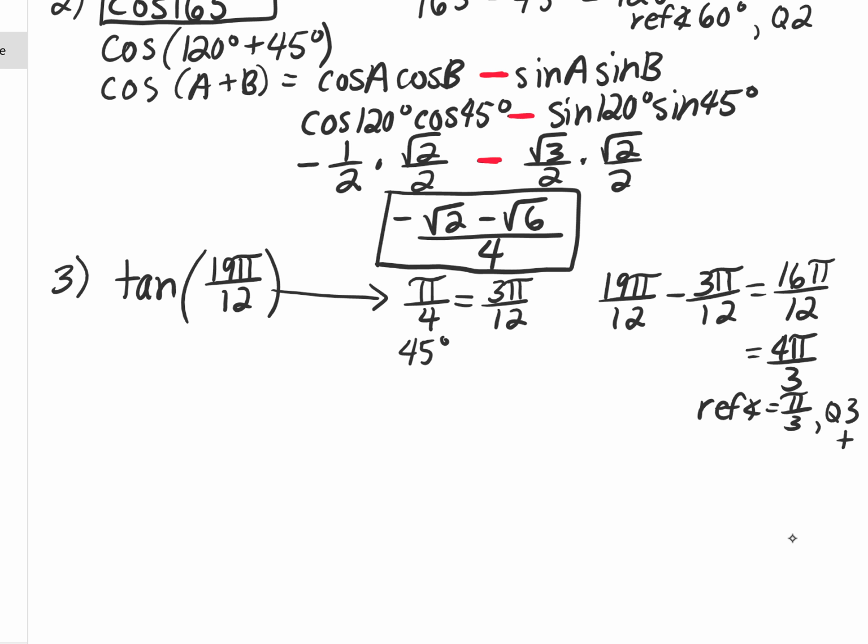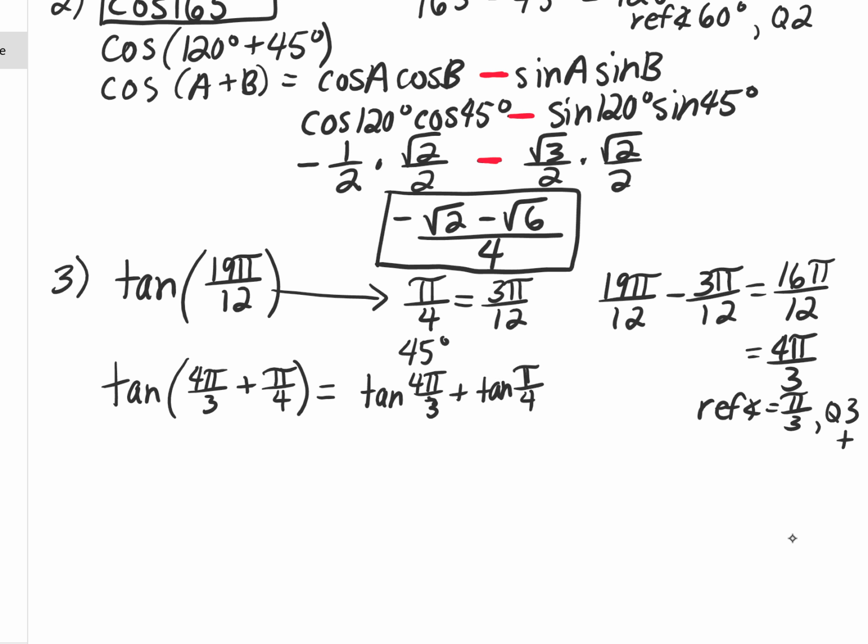Okay, so we're going to split this up and make this tangent of 4 pi over 3 plus pi over 4. And we're going to expand that using the tangent identity. So we're going to do tangent 4 pi over 3 plus tangent pi over 4 over 1 minus tangent 4 pi over 3 tangent pi over 4.